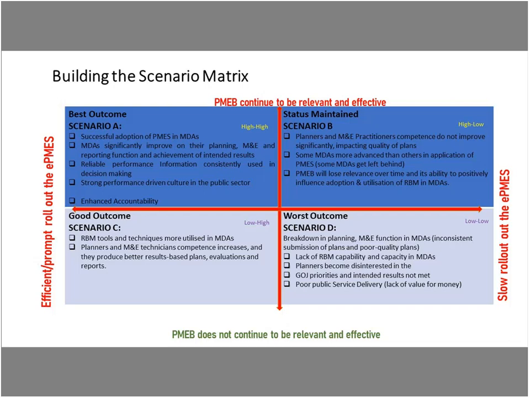Now, in each quadrant, you are comparing each factor together. So if we continue to be relevant, and also there's prompt and efficient rollout of the EPMS, scenario A has been developed.